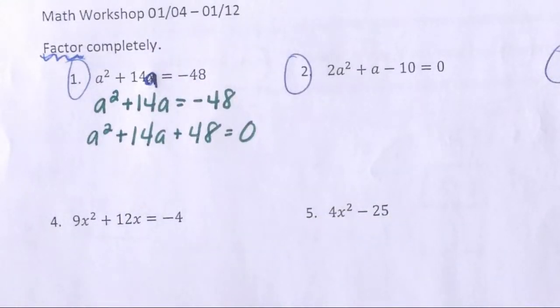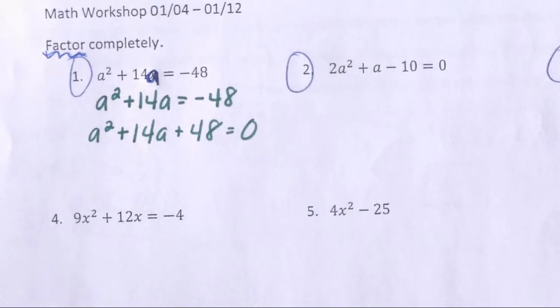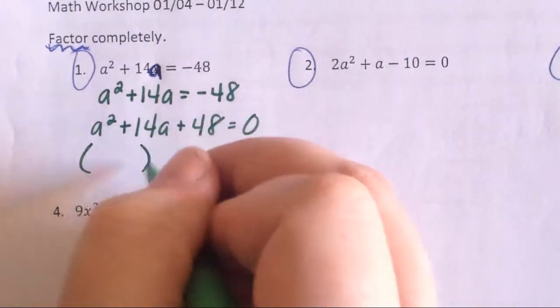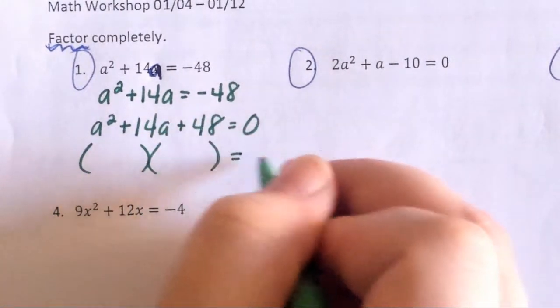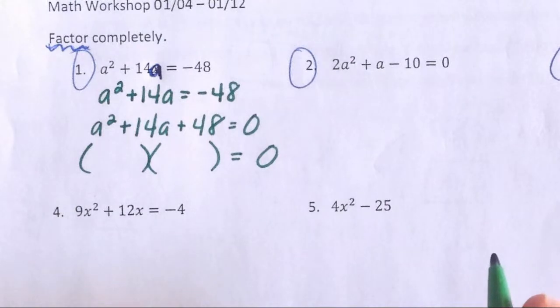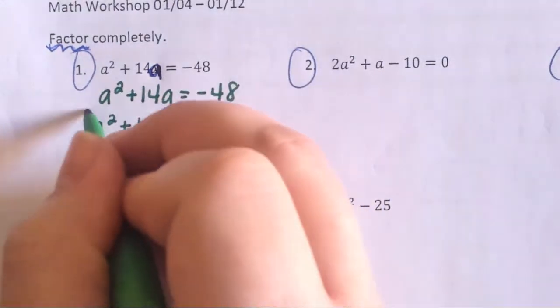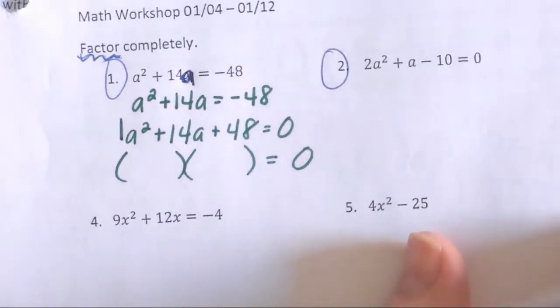Besides the fact that I'm a math teacher, what makes this easy? Well, equals 0 doesn't make life nice, but I know this problem is an easy factor because that leading coefficient is a 1. It's got a nice leading coefficient of a 1. It's going to end up being nice and pretty.